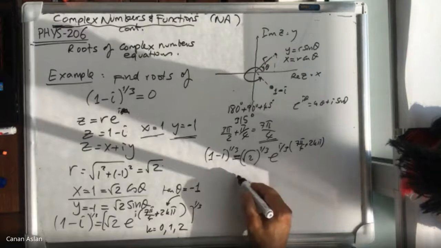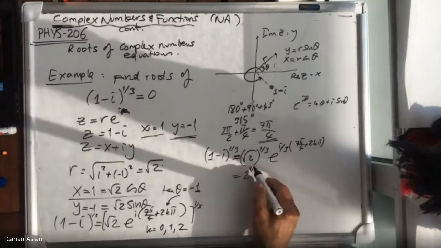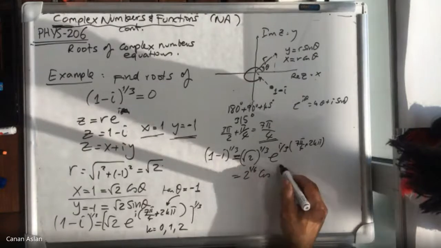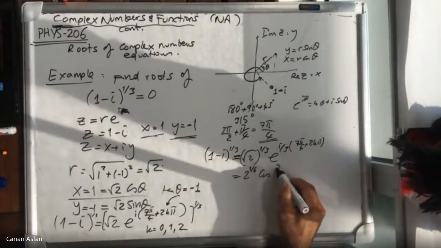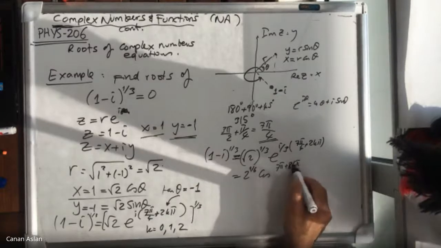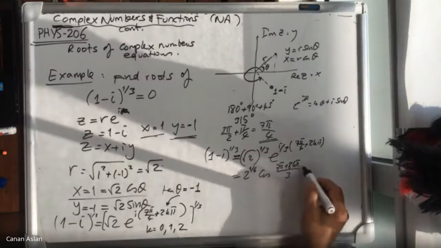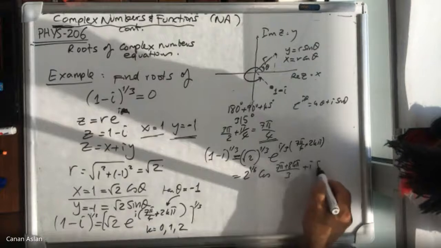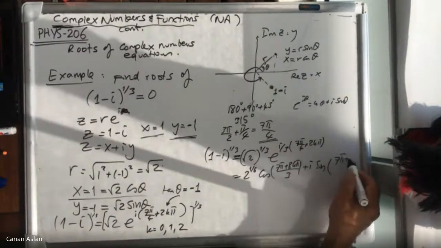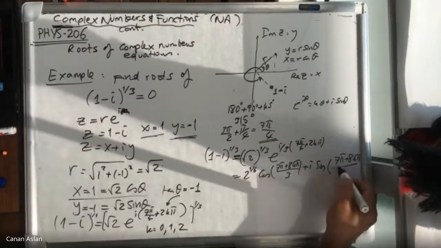Okay, so 2 to the 1/6 times cosine of (7 pi plus 8k pi) over 3, plus I sine of (7 pi plus 8k pi) over 3.